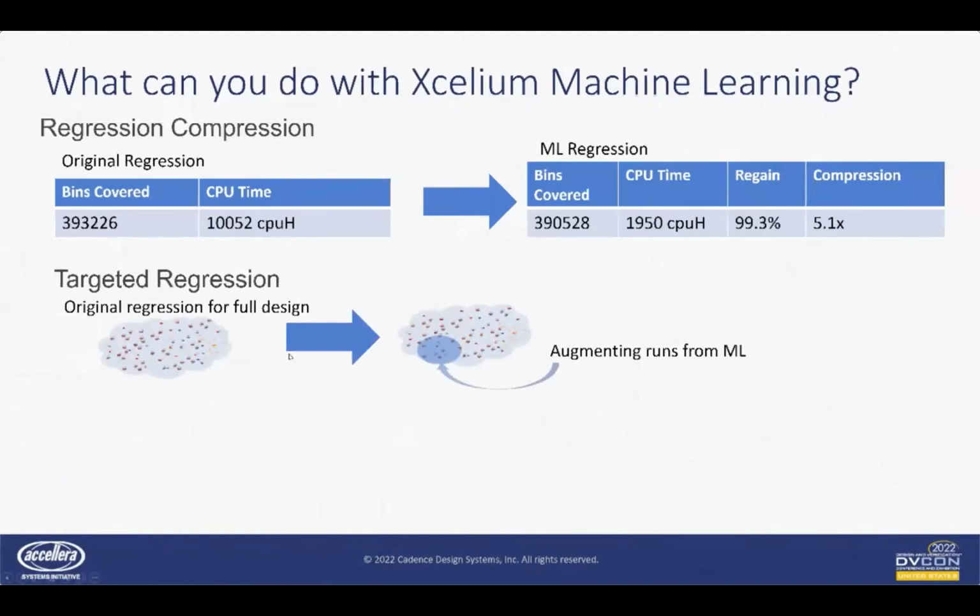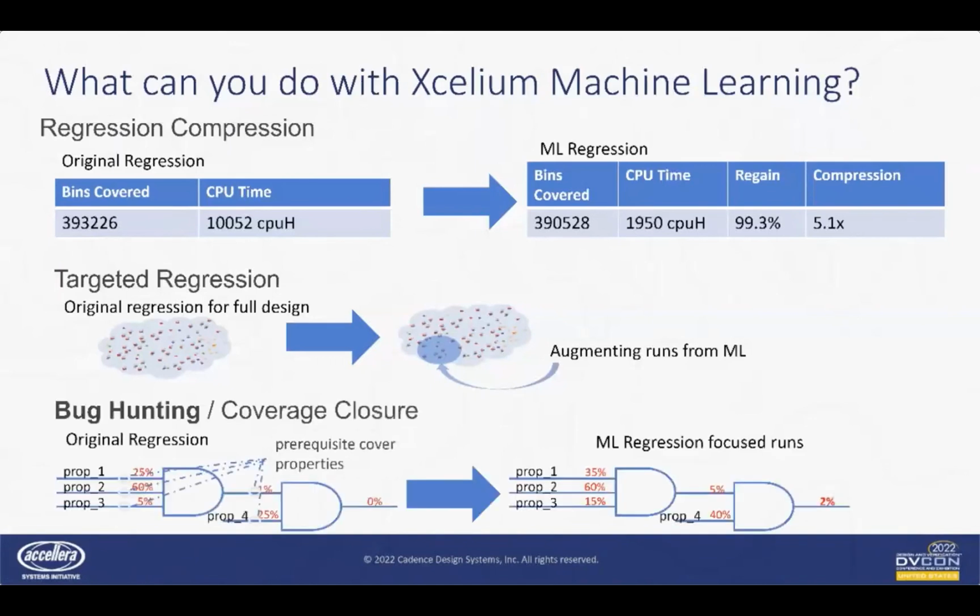The other thing you can do is target specific areas of the design to focus runs on some particular part of your design that you want to magnify. You want to have this kind of magnified effort on, and this is kind of an augmentation. So you have your original regression or a subset of your original regression, and then you've got some augmented runs to help put stress on some area of the design.